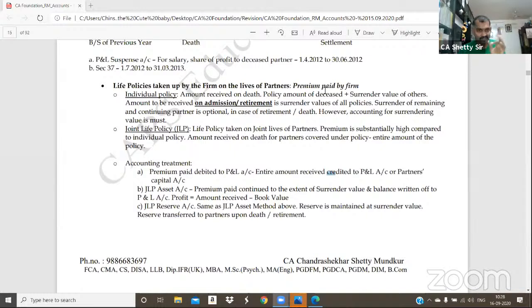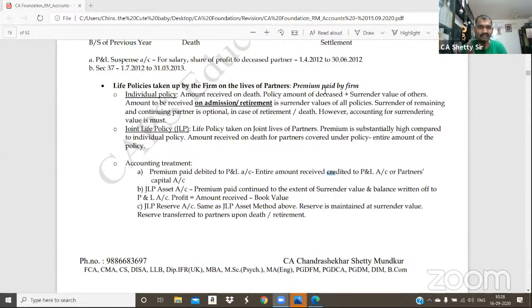Left side, option 1. Credit to capital account 3:2:1. Capital account is equal to P&L account 3:2:1. Or one more option is there. Right side, option 2. Credit revaluation account 60 lakh.